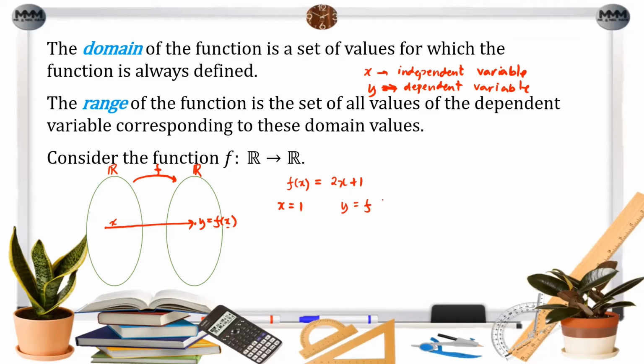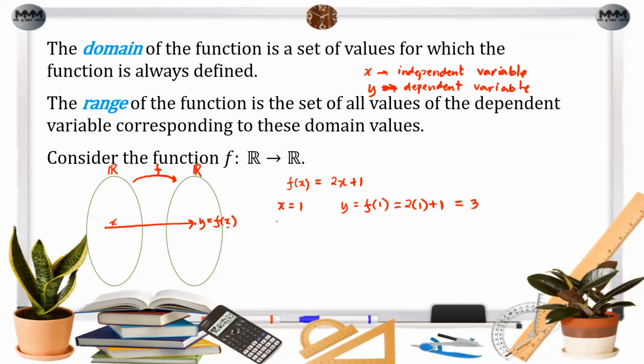So 2 times 1 plus 1. So y is 3. So notice that if we assign a value to x, a real number, we get the value of y, our dependent variable, which is 3.